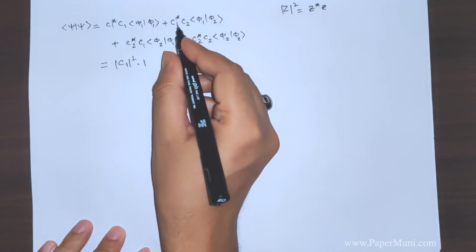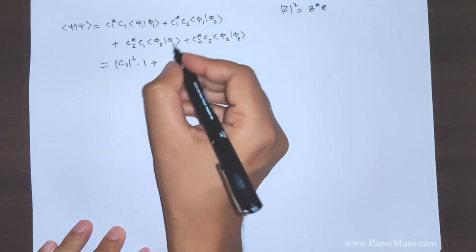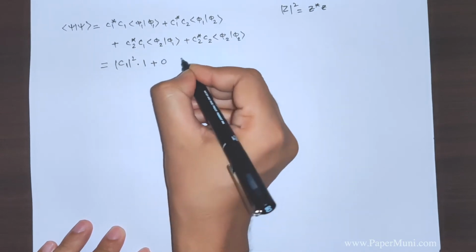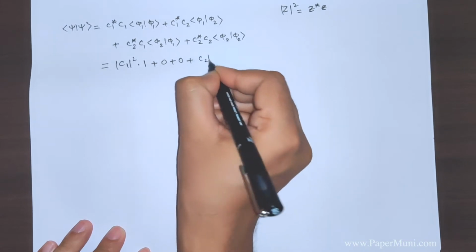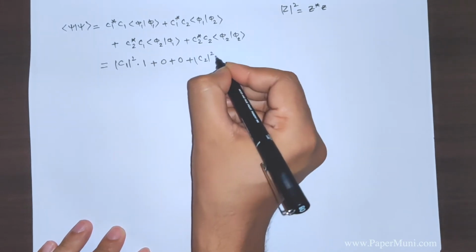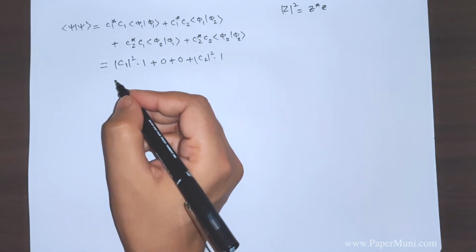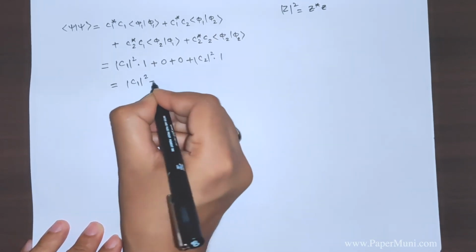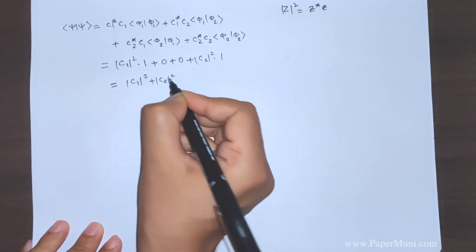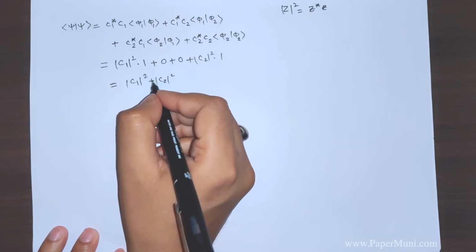Now this one is 0 because these are orthogonal to each other. Plus this is also 0, and this one C2 mod square is 1. So this will finally give you C1 mod square plus C2 mod square. Always remember there is a mod sign here because C1 and C2 are complex numbers.